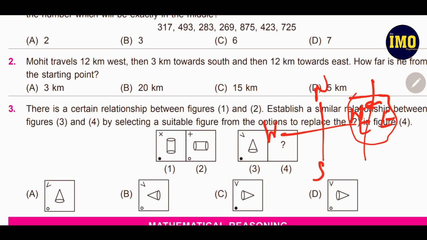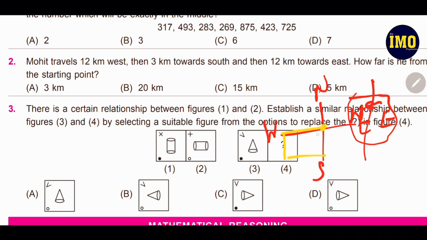So Mohit traveled 12 kilometers west. Let's say Mohit is in this position. He went 12 kilometers west, then 3 kilometers south, then again 12 kilometers east to this position. How far is he from his starting point?